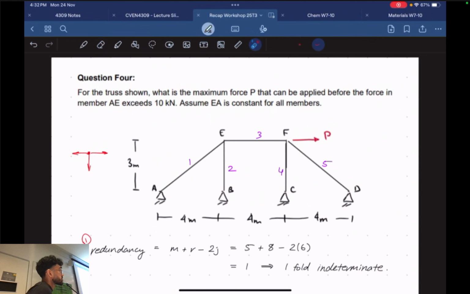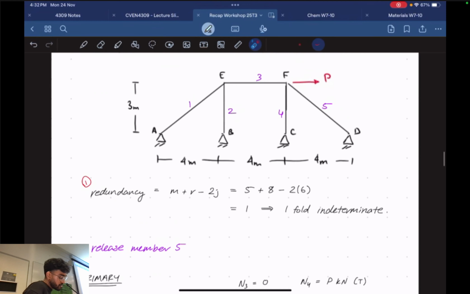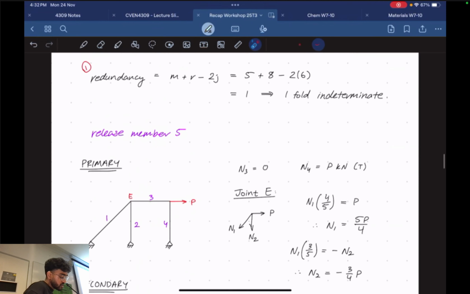Okay? Cool. So have a bit of a play around with the structure, and see which one makes it easier for you to release. So releasing member number 5, this is my primary structure now.